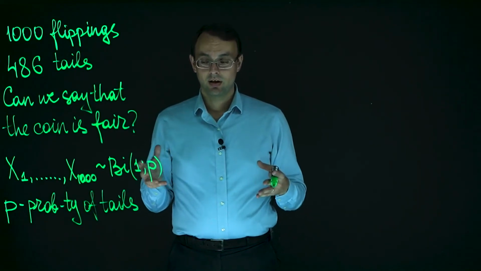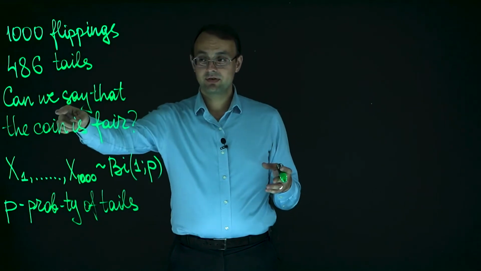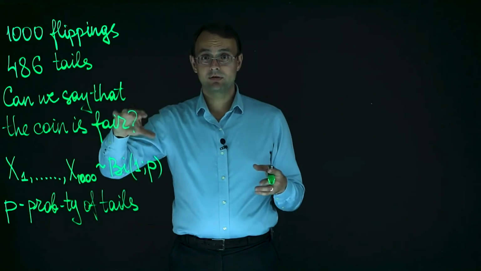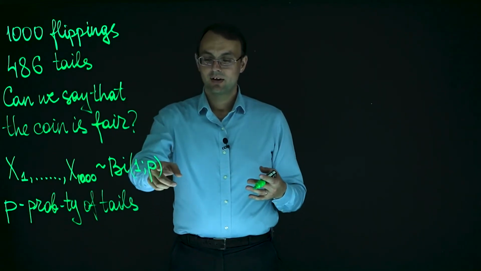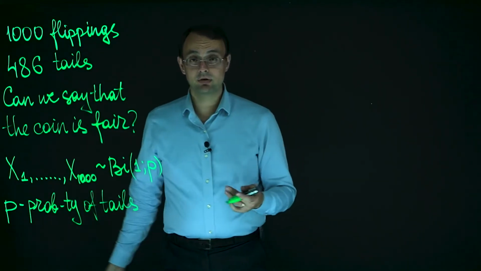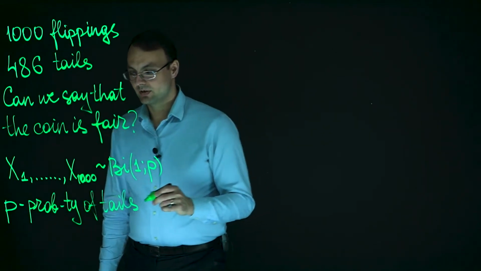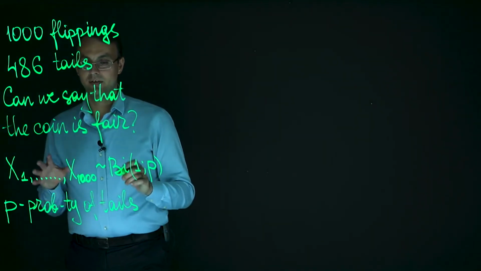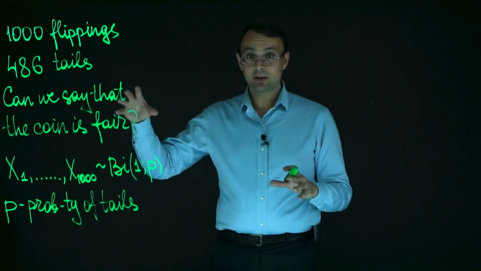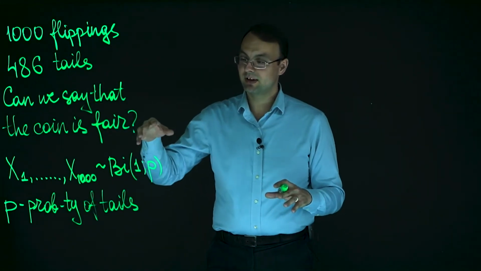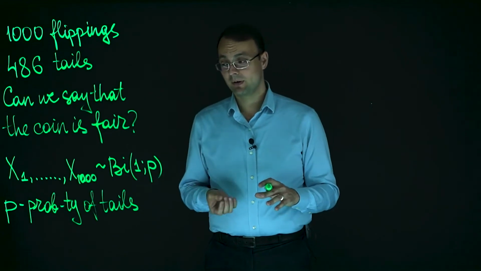So our hypothesis is the supposition that p is equal to 1/2. That is how we can translate our initial hypothesis from the human language to the mathematical language.